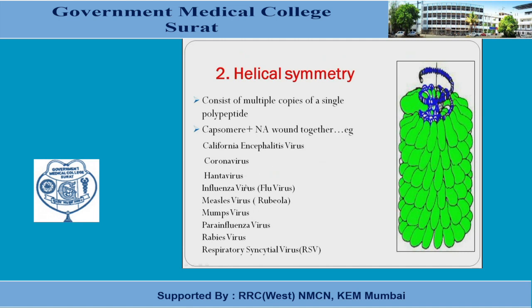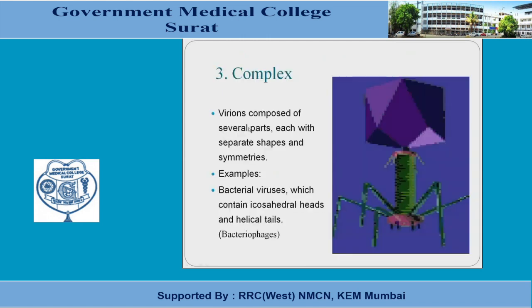Others are hantavirus, influenza virus, measles virus, mumps, parainfluenza, rabies virus, and RSV, which have helical symmetry. Now a complex virus is a virion composed of several parts, each with separate shapes and symmetries. An example is the bacterial virus, which contains an icosahedral head and a helical tail, known as bacteriophage, which has a complex structure.